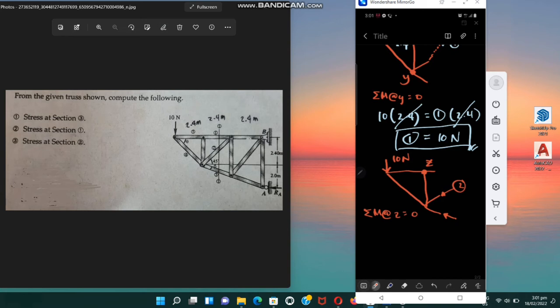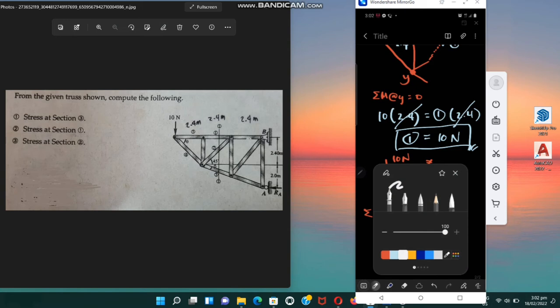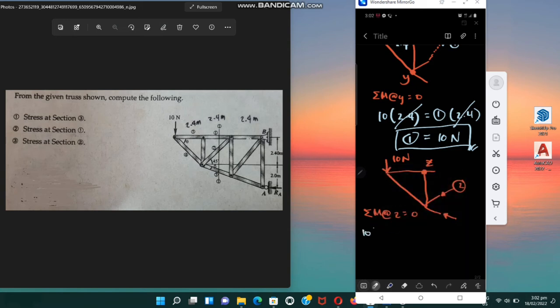So summation moment at z, that is the 10 Newton, which is at point z counterclockwise, equal to 10 Newton times distance 2.4 is equal to ang component sa number 3, which is 15.29 cosine 22.62.